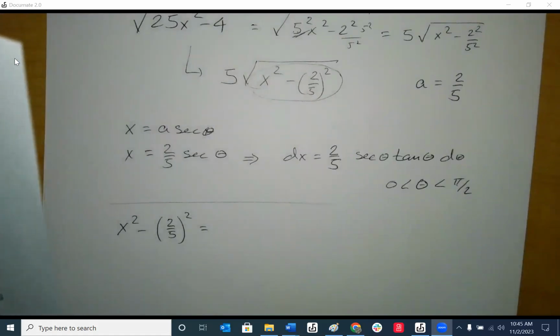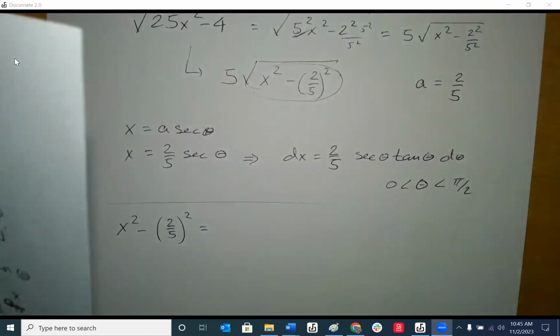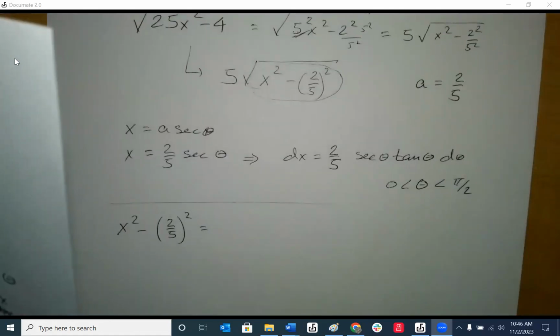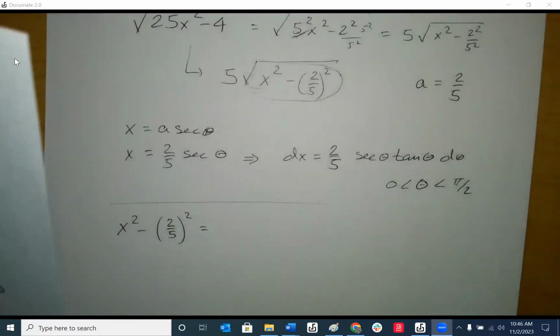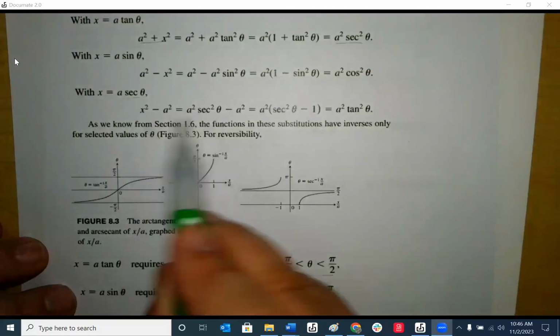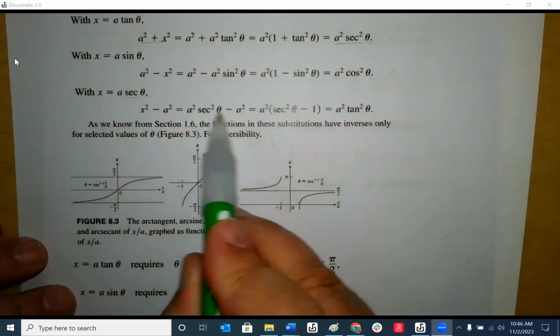So we're going to do a squared secant squared theta minus a squared.